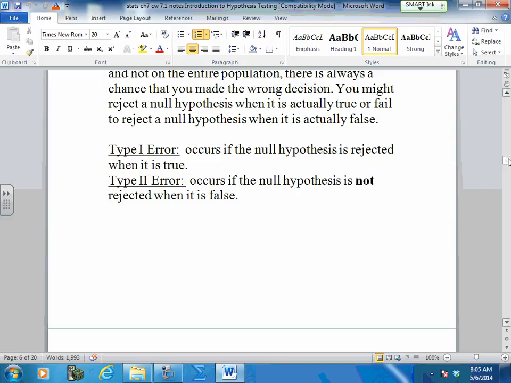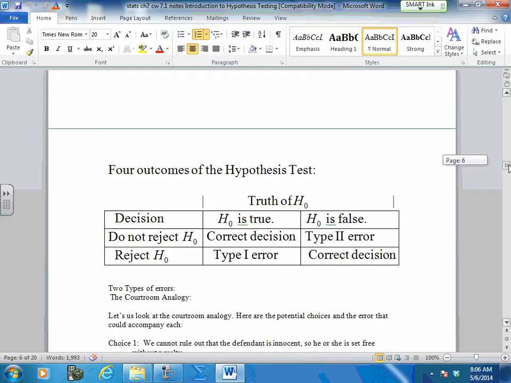A type 1 error, and if you follow your chart, here's the truth of H0 on the top. Do I have a chart? Here it is. Here's the truth of H0 on the top. H0 is true, you did not reject it. Good decision.